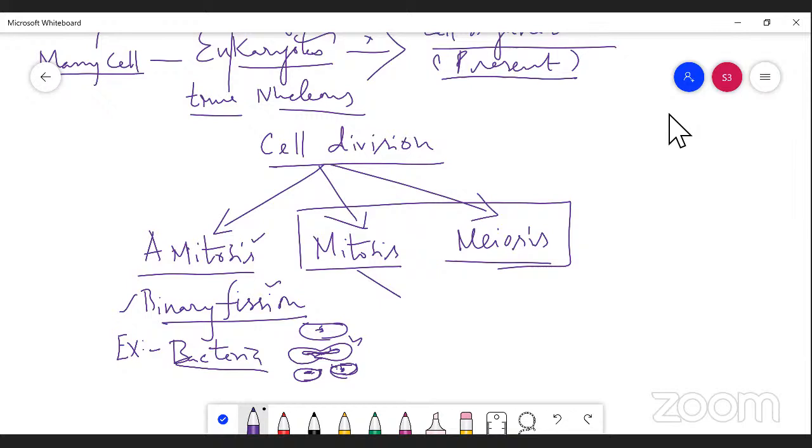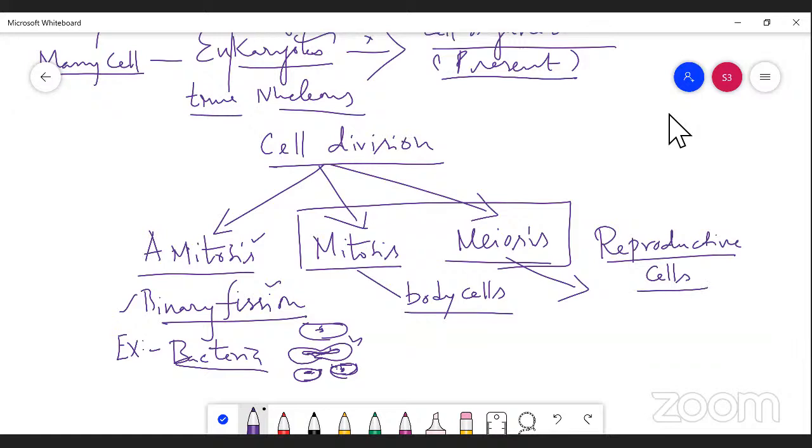Mitosis takes place only in the body cells. And meiosis takes place only in the reproductive cells, which are gonad cells. In reproductive cells, the chromosome number is reduced from the parent chromosome number during meiosis.